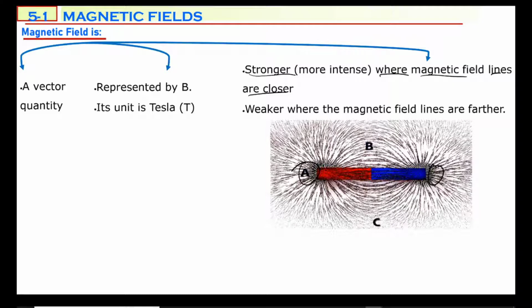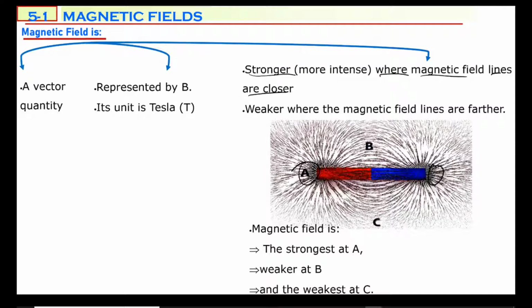But it gets weaker when you move away from a magnet because the lines are getting farther and farther apart. So we can say that, according to this picture, the magnetic field is strongest at point A, greatest in magnitude at point A, weaker at B, and weakest at point C. We got it.